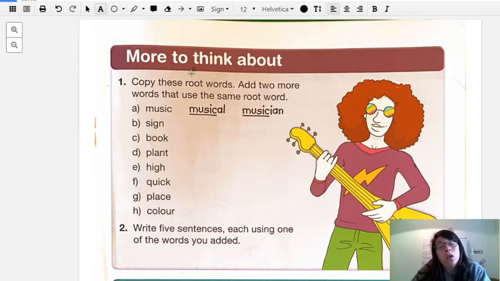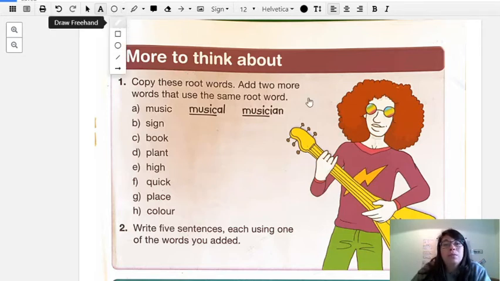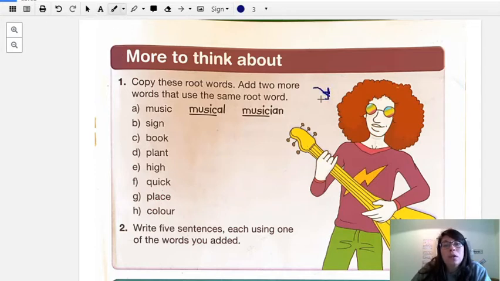A musical is when you go and you see a show where people sing, and a musician would be a person who plays music for a living, like a guitar player, or a bass player, or a drummer, or a singer. That's a musician too.